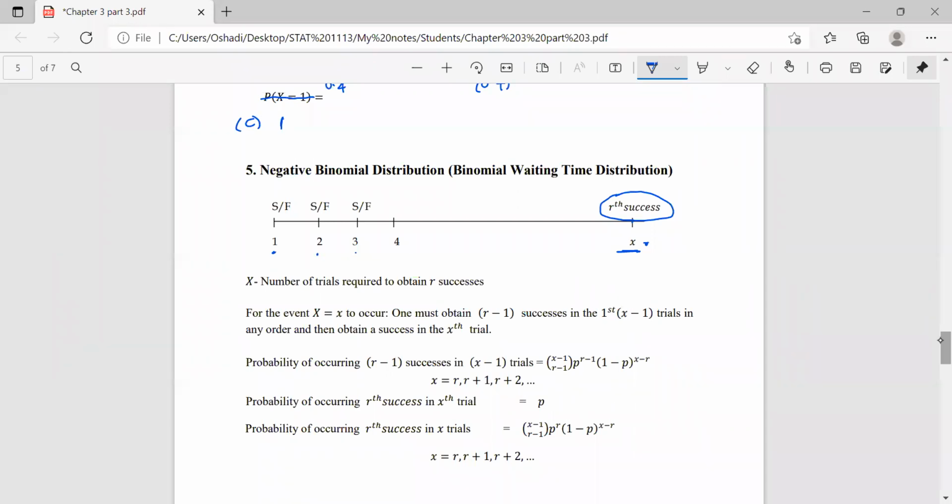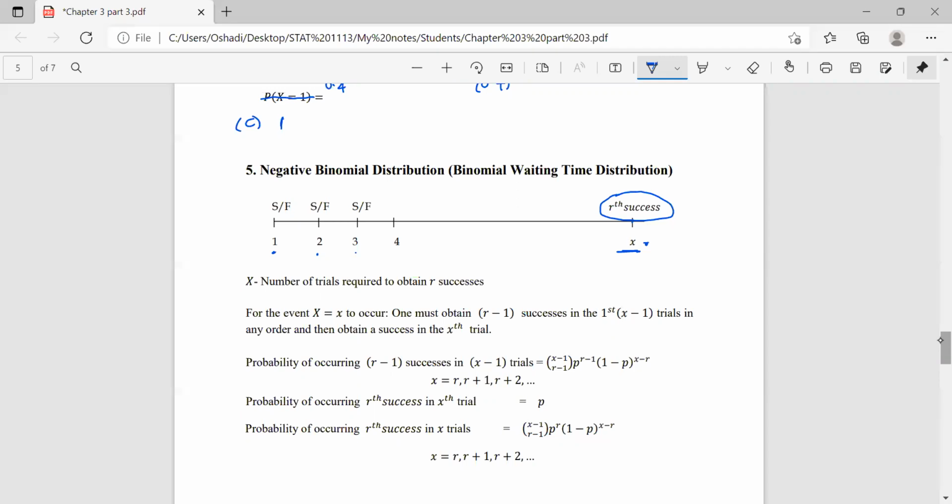In the binomial distribution, we know that the number of trials is fixed. But in the negative binomial distribution, the number of trials is not fixed. We are finding the number of trials needed for the rth success to occur. In the binomial distribution, we fix the number of trials, and out of those trials, how many successes have occurred is the concern.